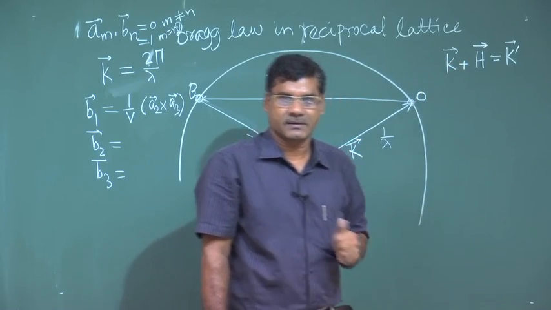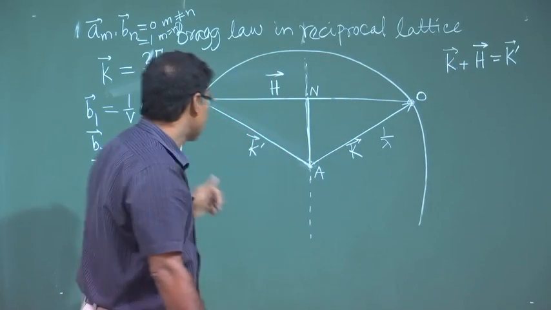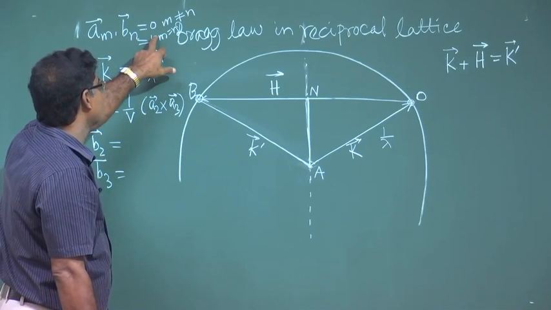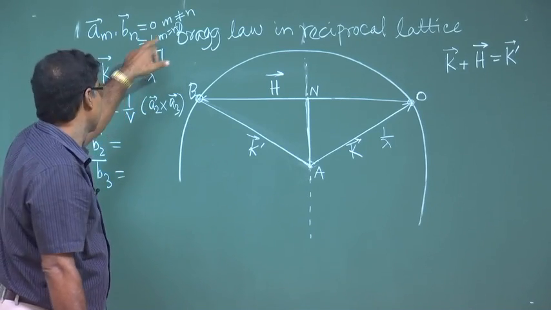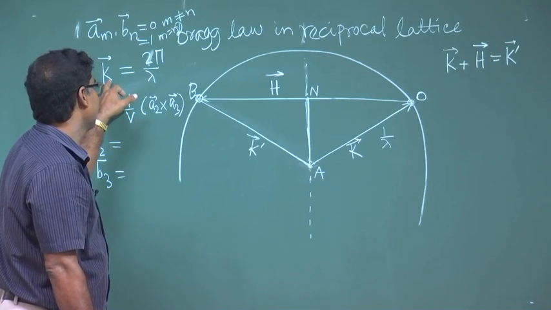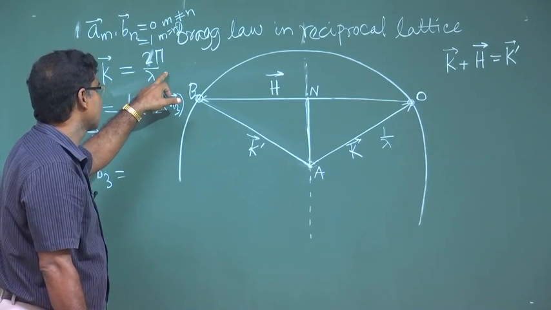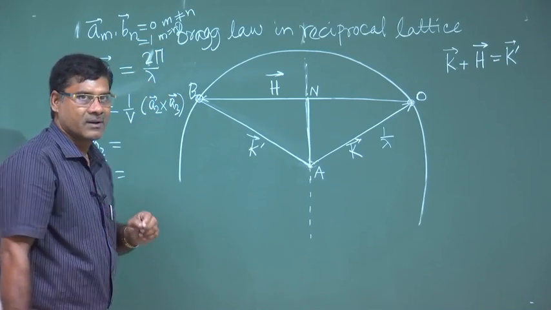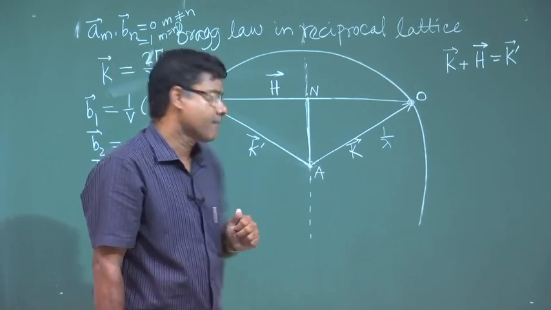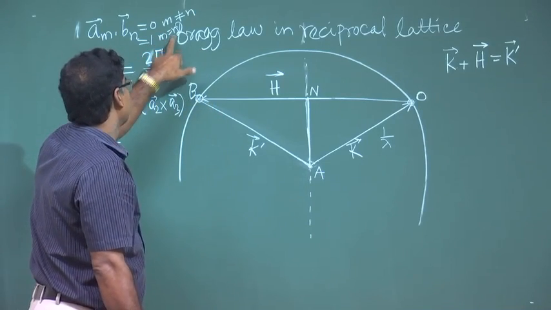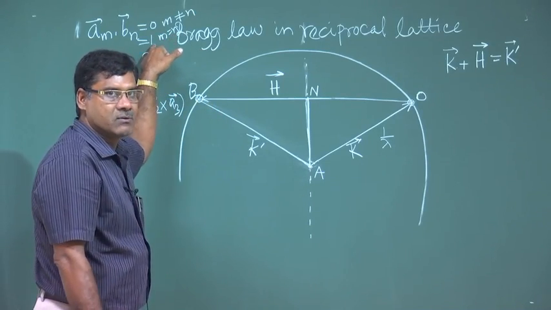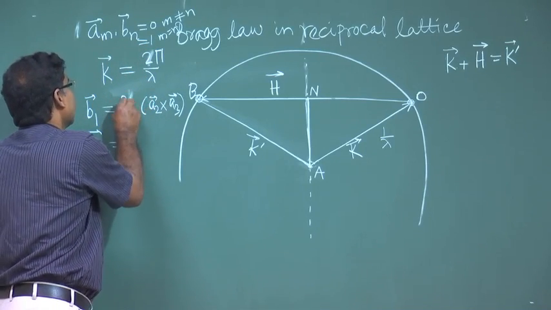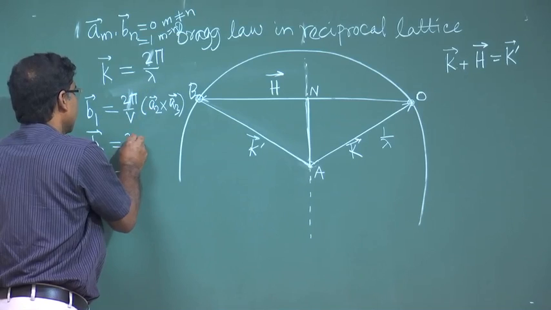In physics we use 2 pi by lambda, so here we will use 2 pi. When you use 2 pi here, in this definition we just have to include 2 pi.